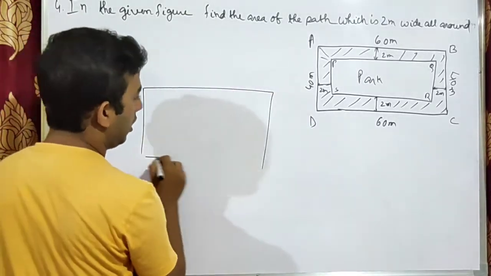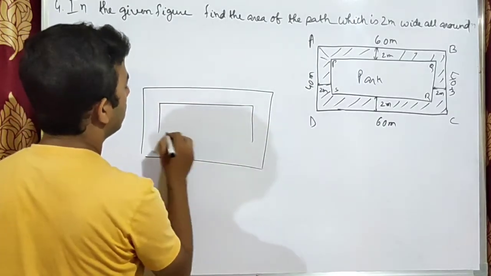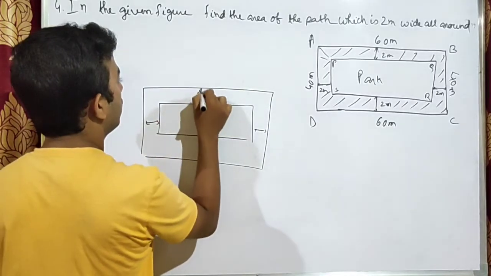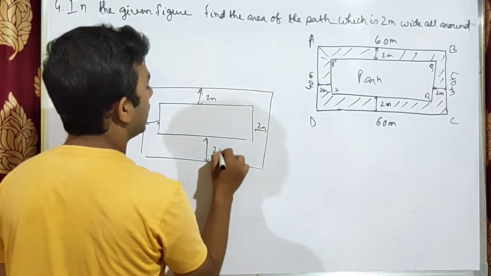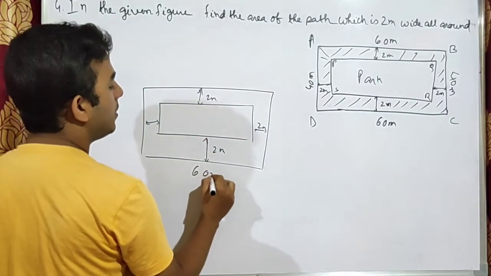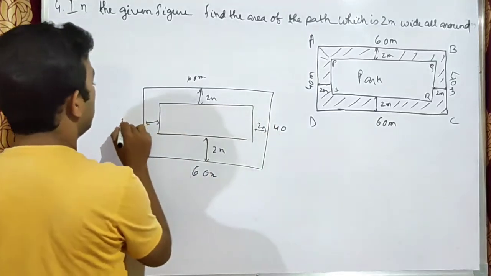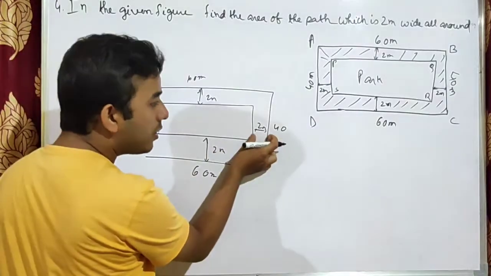Suppose this is your park, the boundary wall of the park, and suppose this is the path 2 meter wide all around. This side is also 2 and this side is also 2 meter. Clear? Now this side is 60 meter, this is also 60 meter, this is 40 meter, this is also 40 meter.